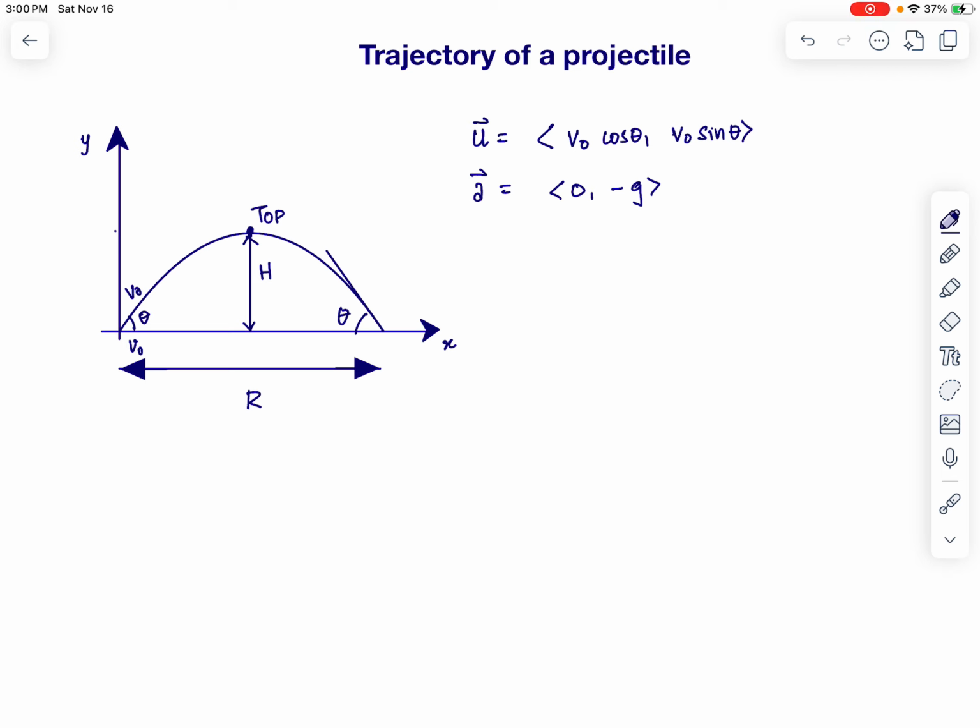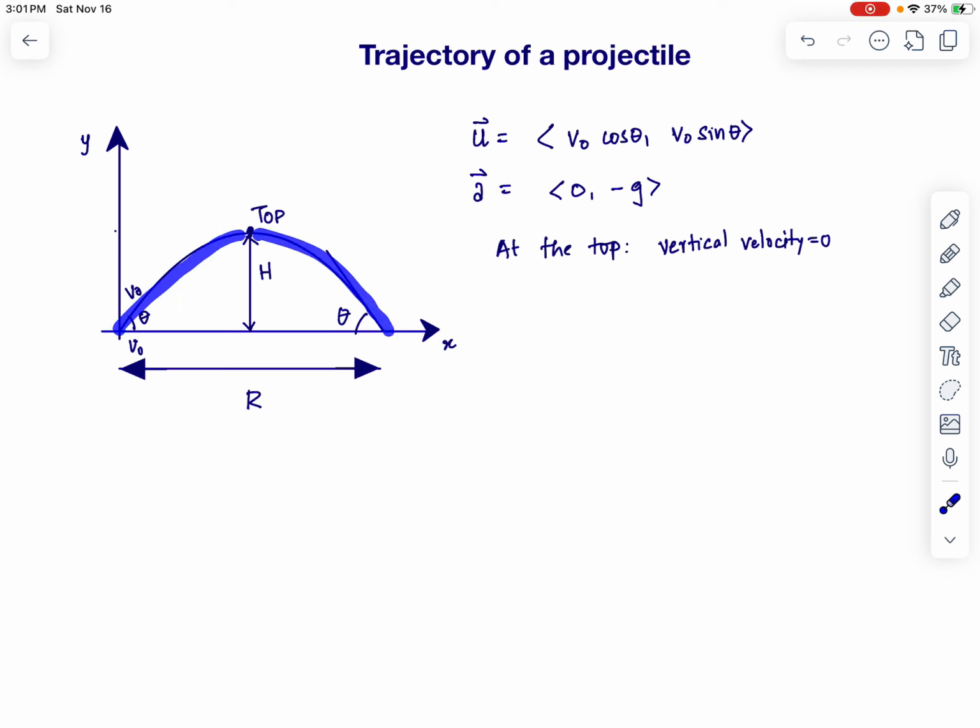So now, at the top, the vertical velocity is 0, because the ball keeps going up and up and up, and it doesn't go up any longer here, and then it starts going down. So the vertical velocity is positive here and it's negative that side.